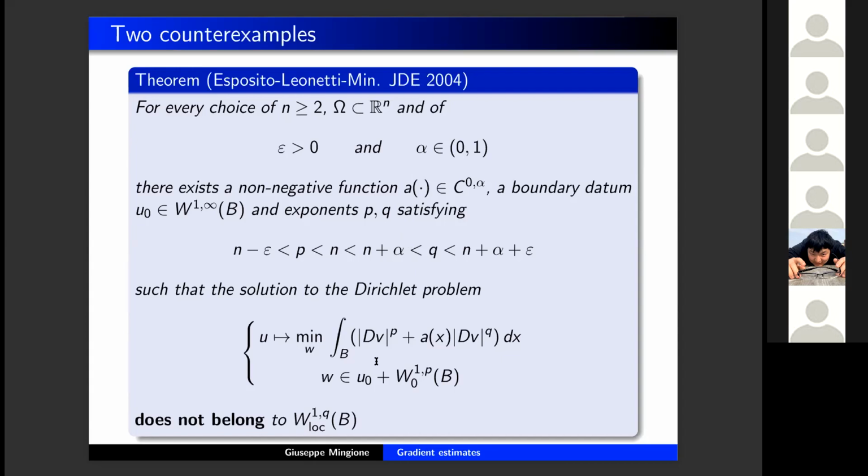You lose any kind of regularity because you're not even able to prove that the gradient is W^{1,q}.